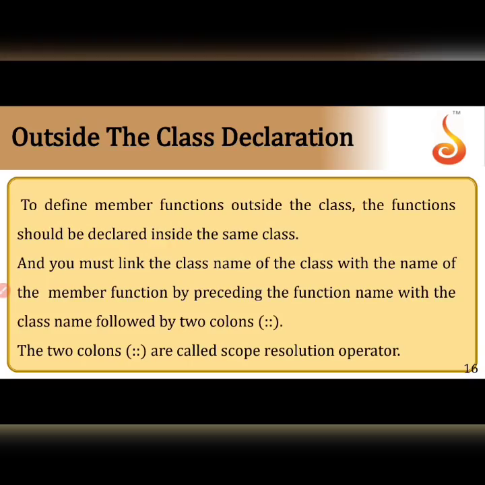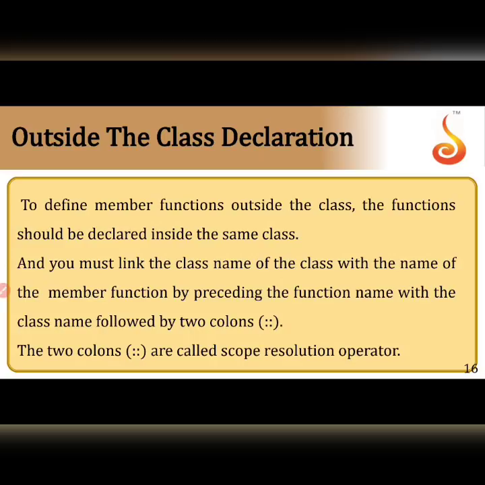Next is function definition outside the class declaration. To define a member function outside the class, unless you declare a function inside a class, it will not belong to the class.